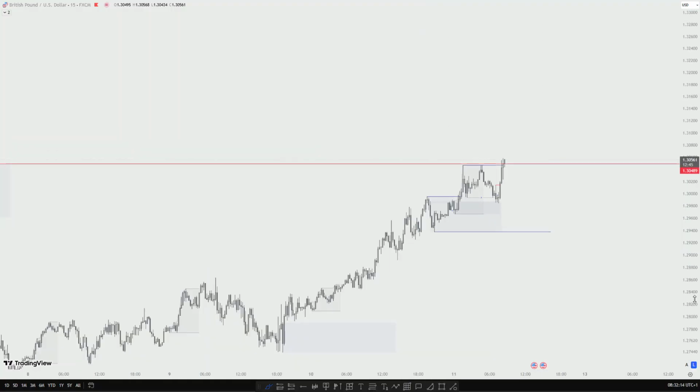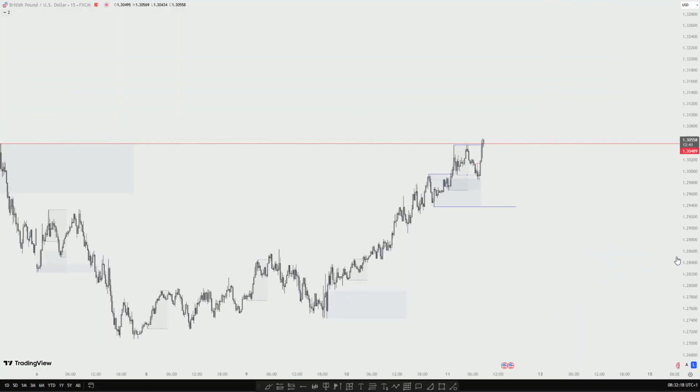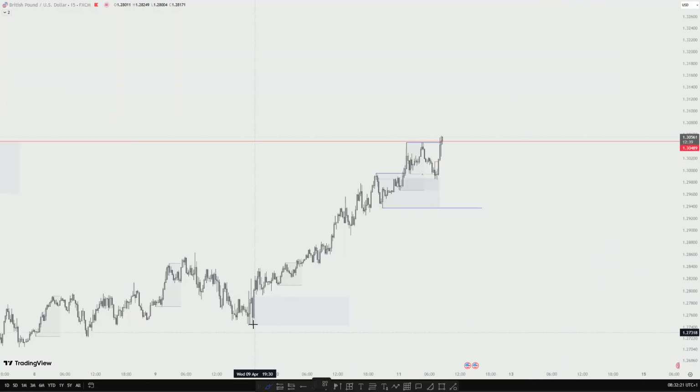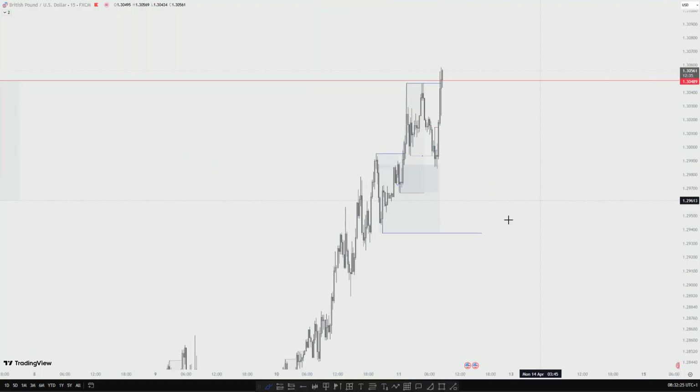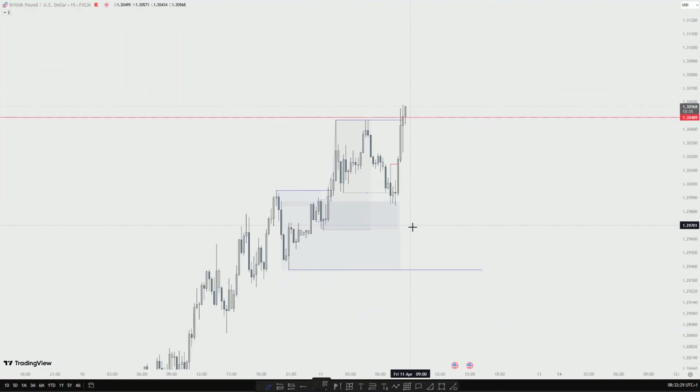So on M15, let me just zoom out. We can see we are having this corrective bullish momentum, and then clean bullish momentum right now. This analysis was done so quickly, I didn't even analyze it for more than 5 minutes.